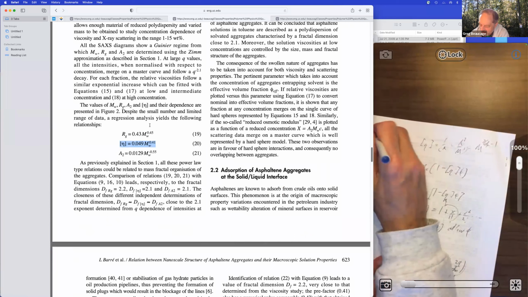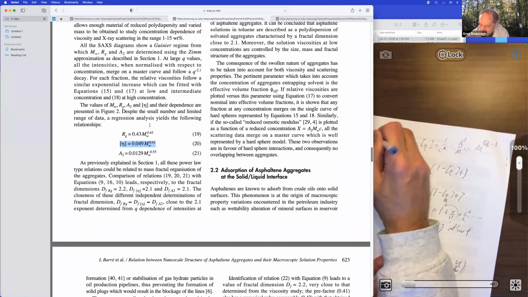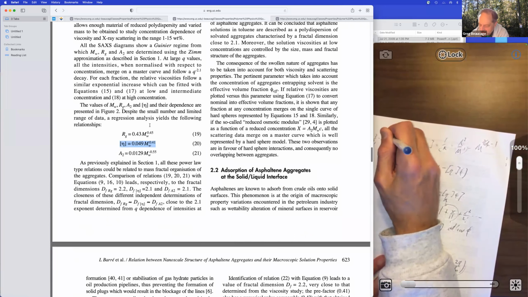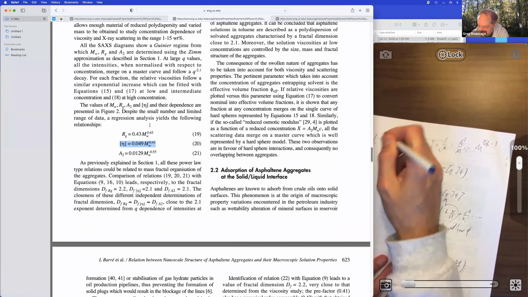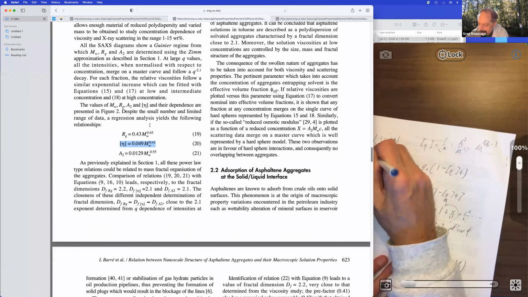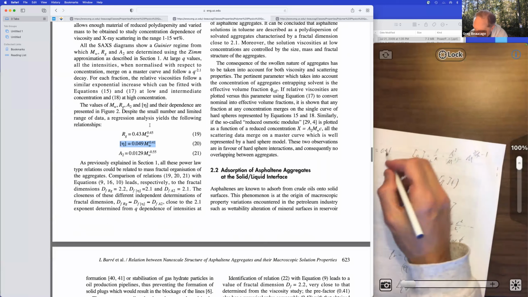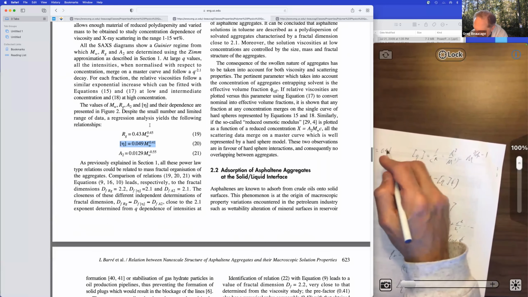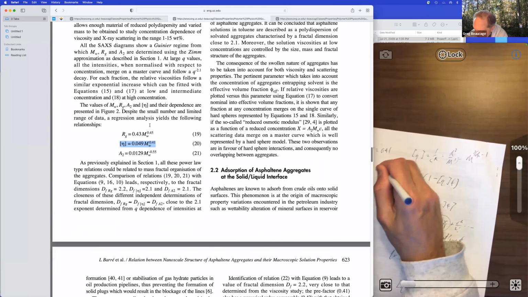So if you say 3 by df minus 1 equals 0.41, then you're going to have 0.59. So df equals, let's see, this becomes plus 1, so 1.41.